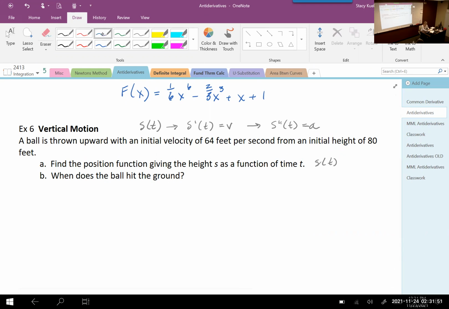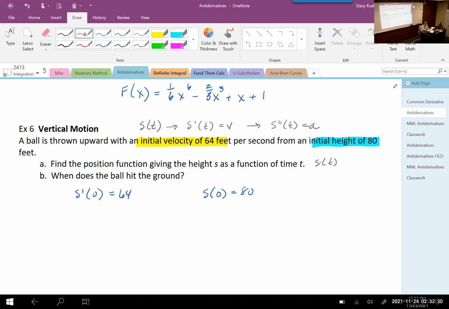What I know from this portion right here is that the velocity, S prime, initial velocity, is equal to 64. And I also know the initial height is 80. So S of 0 is equal to 80. So I have my position and I have velocity.